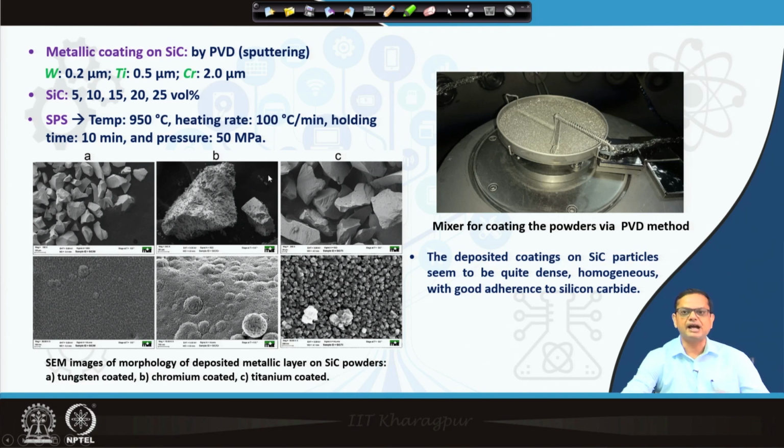So, that is the basic idea. Once you make this coating on the SiC particles, you mix with copper particles and then go for sintering. Our aim here is to look at the interface in terms of the wettability problem.